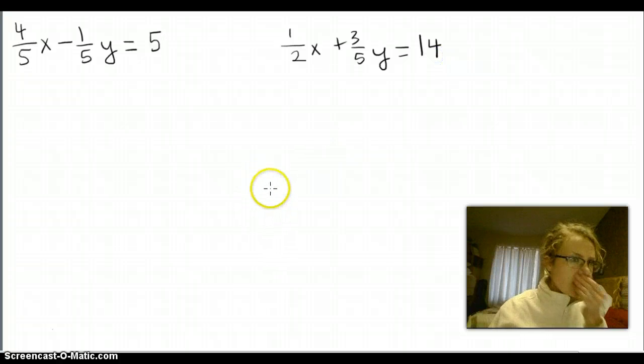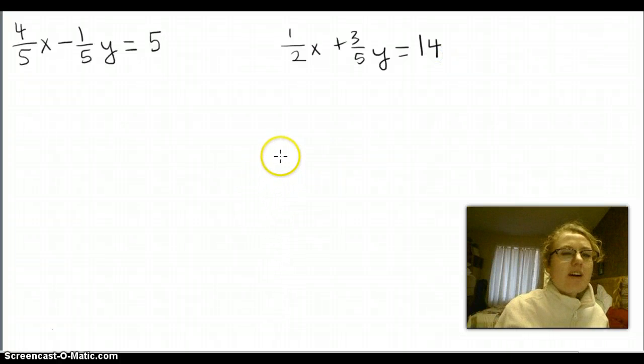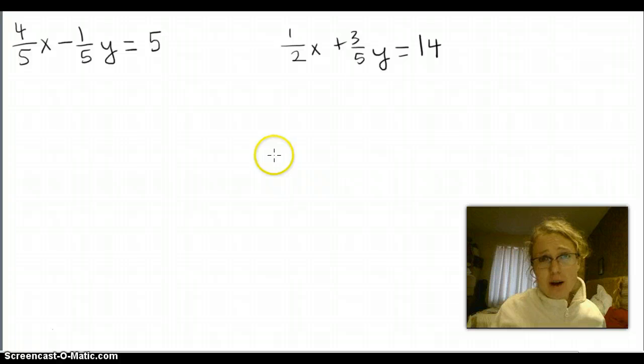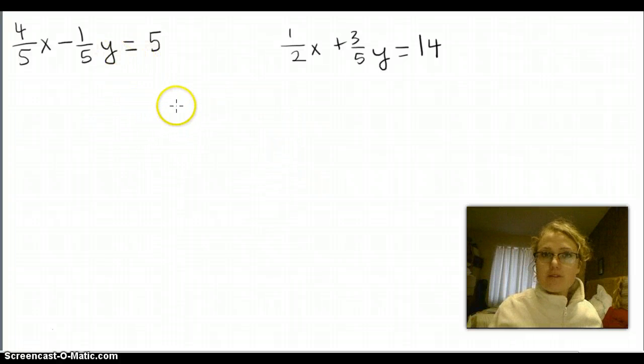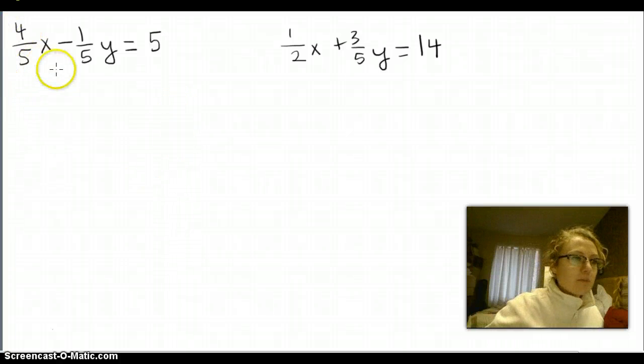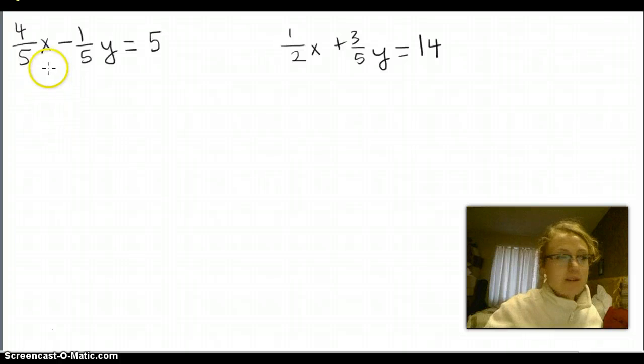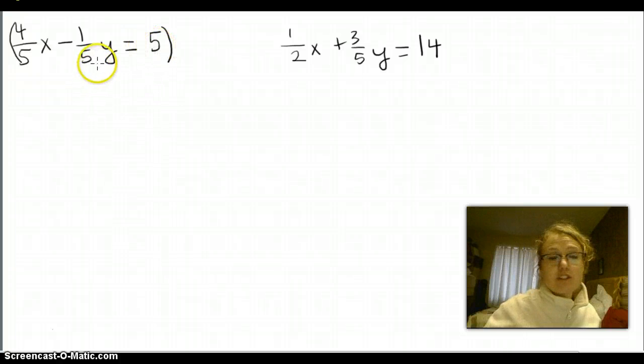Okay, first things first, I like to deal with whole numbers, so I'm going to multiply each of these equations by something that will clear the fractions so that we are just dealing with whole numbers. The first one is a pretty simple choice to make. If I multiply this whole equation, I can't just multiply one side or that would change it. So I have to multiply both sides of the equation.